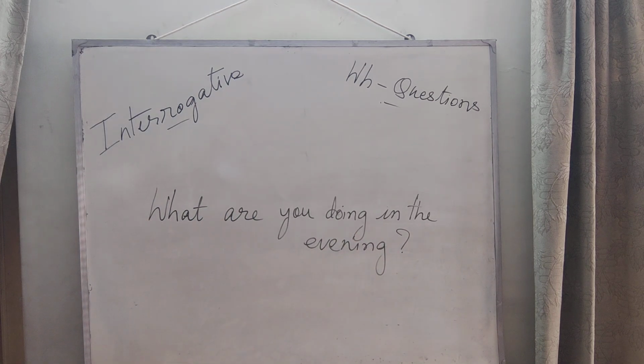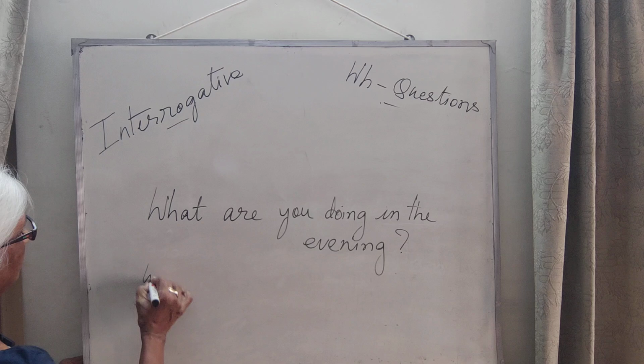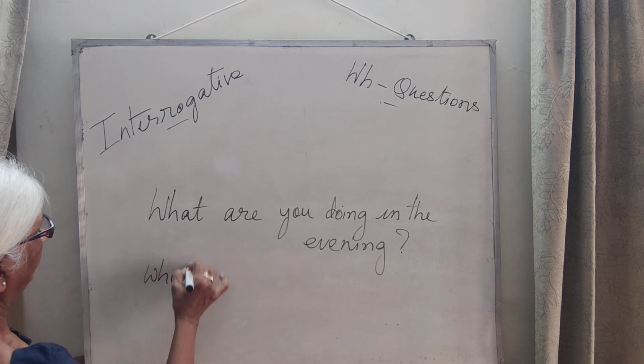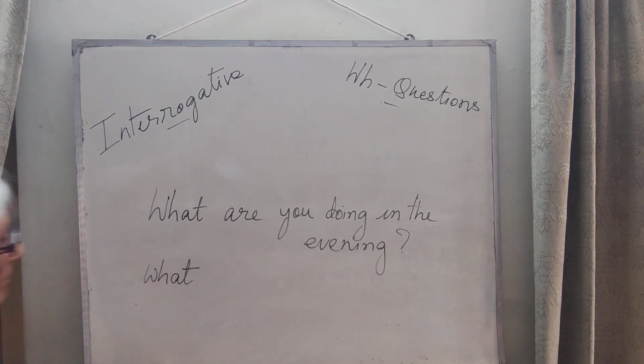What are you doing in the evening? এখানে দেখো ing আছে, আর are আছে, so it is present continuous plural form. ঠিক তো? ওকে, তাহলে what? এবার কি হবে বলো?